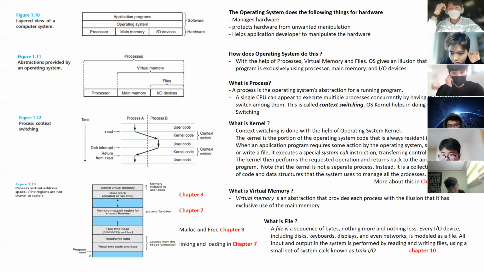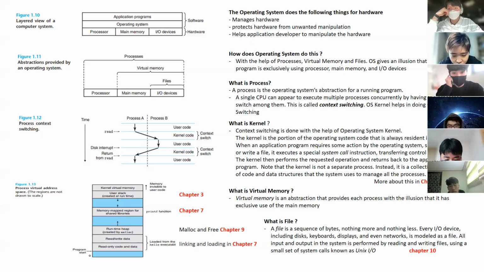The kernel that does the context switching, that part of the operating system, is like the core, the heart of the operating system. That was not very well written. Then the Linux kernel came. The Linux kernel was very good and very efficient, and then GNU adopted the Linux kernel.